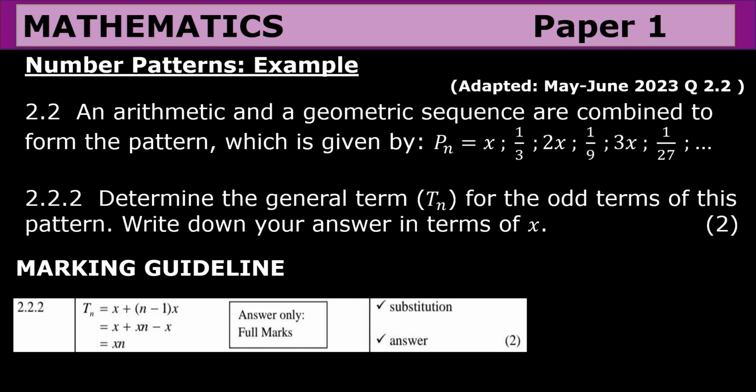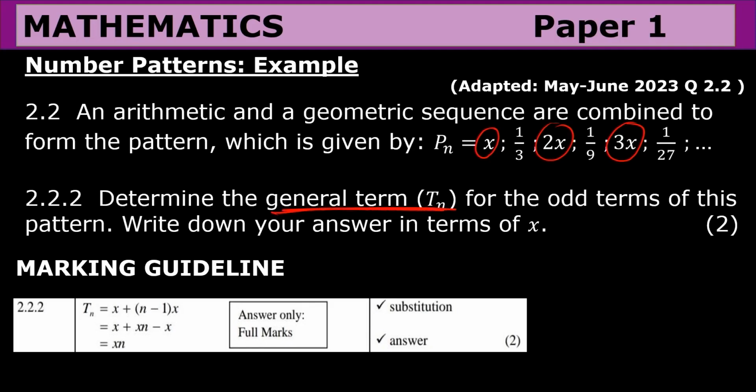Now the next question there says, an arithmetic and a geometric sequence are combined to form the pattern which is given by Pn, which is equal to x, 1/3, 2x, 1/9, 3x, 1/27, and that sequence continues. Now it says determine the general term for the odd numbers of this pattern. Write down the answer in terms of x. Now looking at the odd numbers, that is the 1st, 3rd, 5th term, and of course moving forward, using our formula, we are going to substitute into the general term.